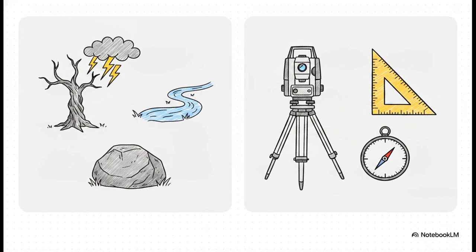Sure, that might have worked perfectly fine back when land was largely undeveloped, but it created massive problems over time. Why? Well, trees get struck by lightning and die. Rivers flood and change course completely. So as property values skyrocketed, relying on nature just didn't work anymore. We absolutely needed calculated, permanent precision. Though, fun fact, you might actually still stumble across some older deeds that use those outdated monument descriptions.